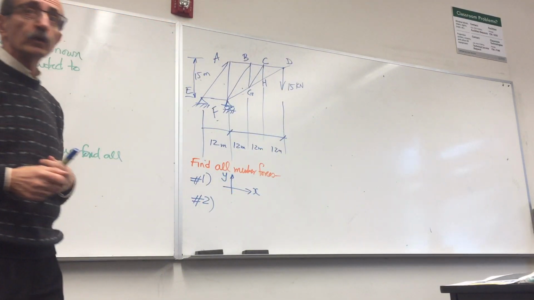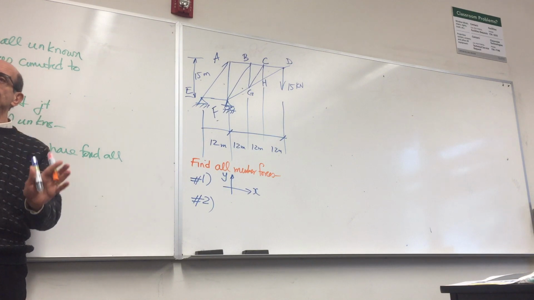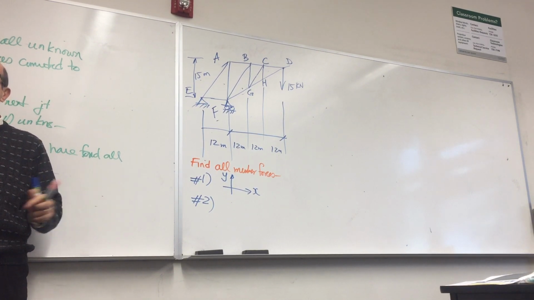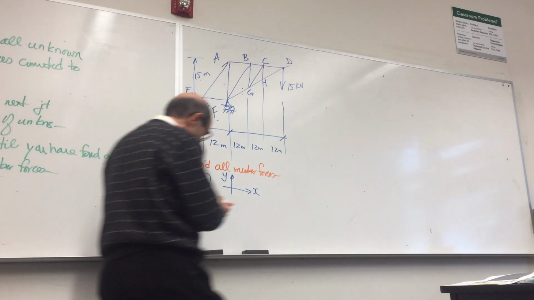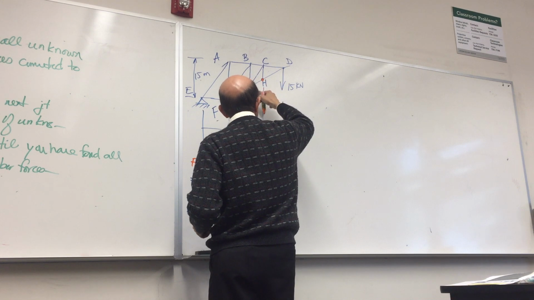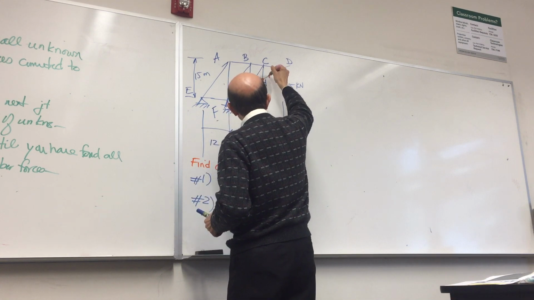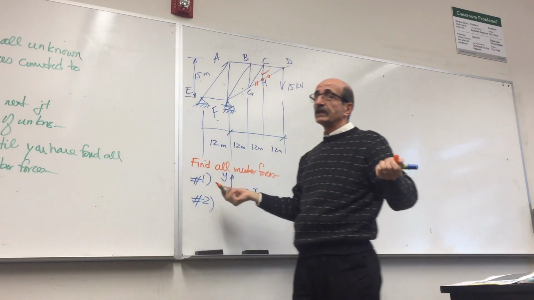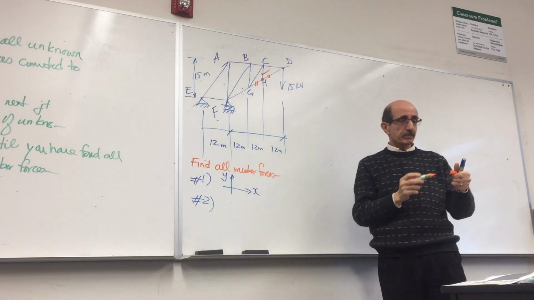So do you see a joint with only three members coming together, two collinear, no load at that joint? H, look here. No external load. These two are collinear and there are only three. So this one carries no load.